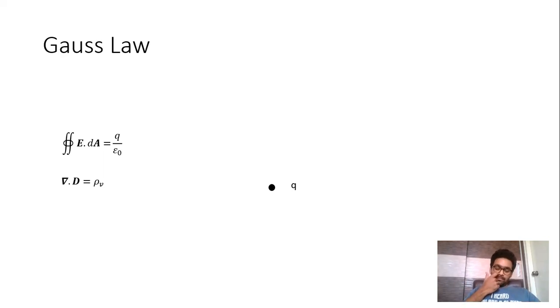Here, if you consider a charge Q, you will have some electric flux coming out of it. If you want to mathematically find the electric flux coming out of this charge Q, you can assume a surface around it.